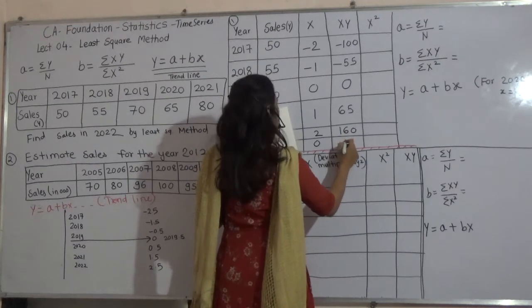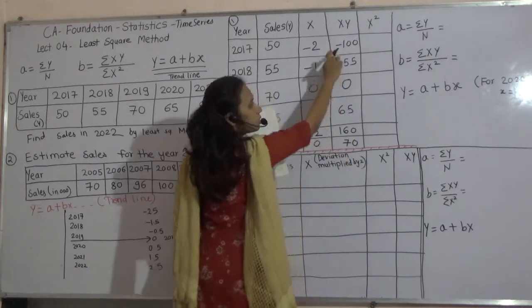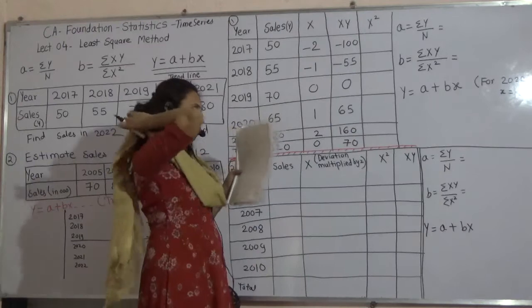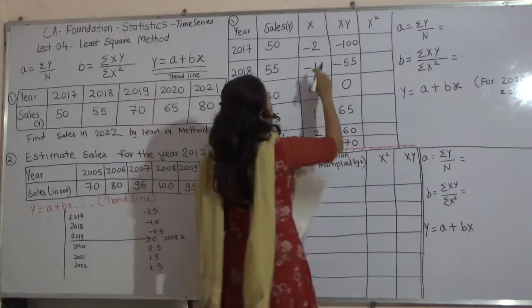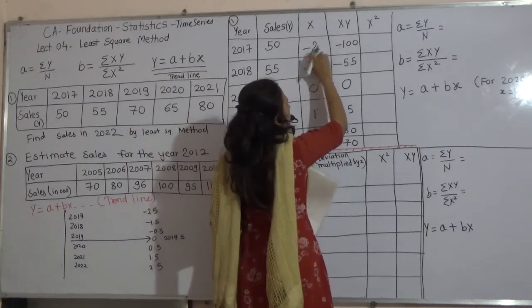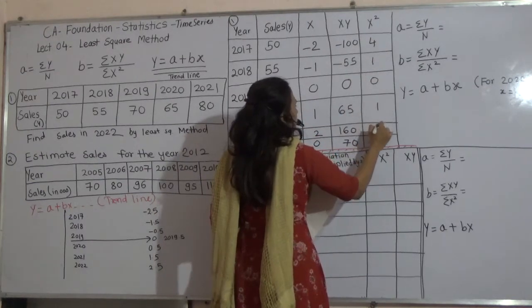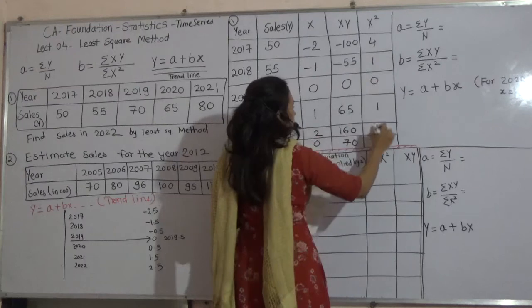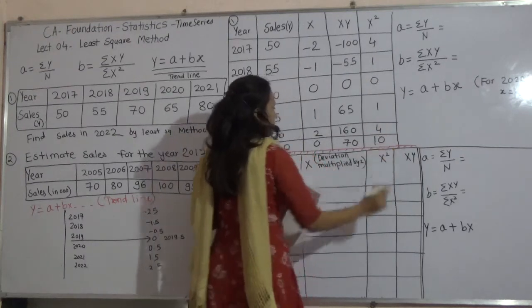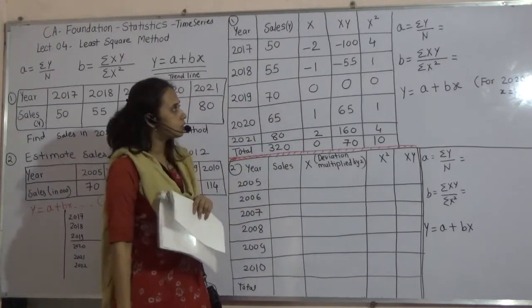Total is 70, remember the first figures are in minus. Then we have x square. X square means 4, 1, 0, 1, 4, so it will come as 10.